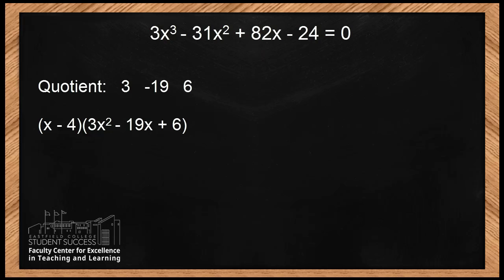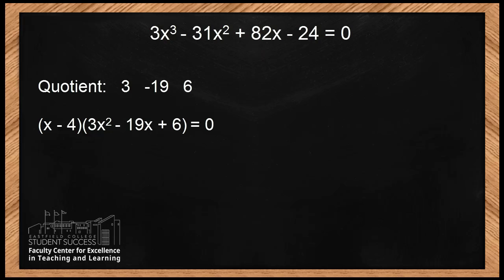And that 4 is actually that 0 that we started with. And notice how I wrote that factor in the form x minus c. So if we go back to the original problem, remember how our function was equal to 0? We had an equation. So now we will take these factors and set them equal to 0. So our synthetic division allowed us to begin factoring something that we couldn't factor before.